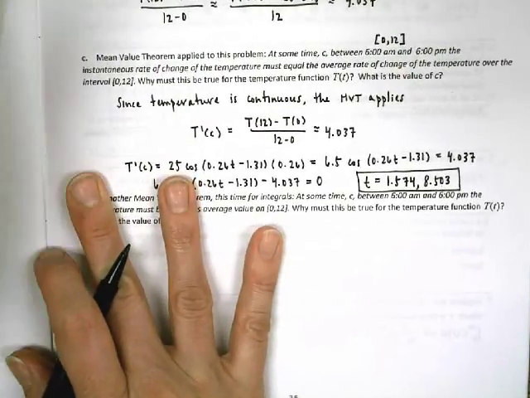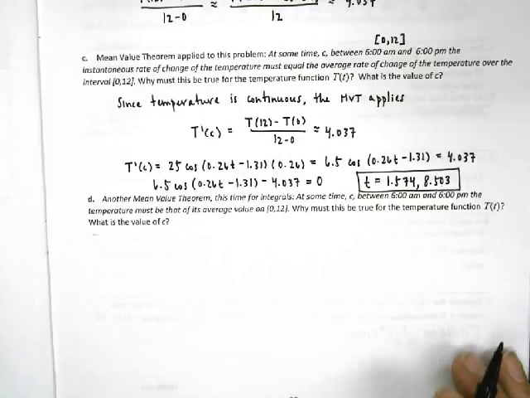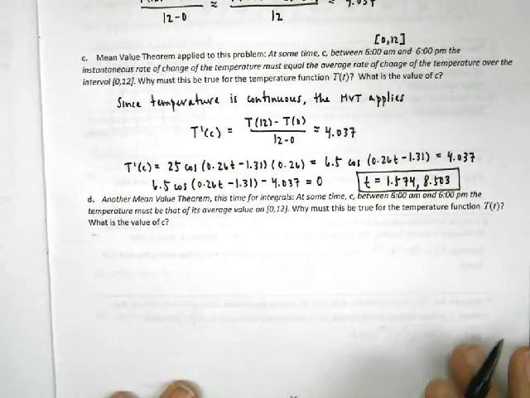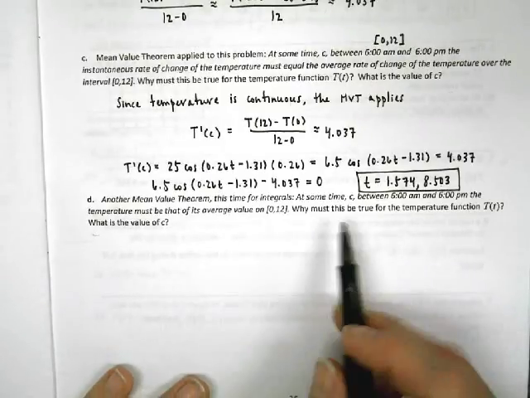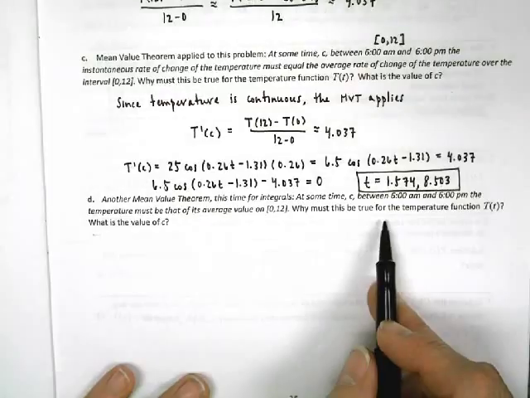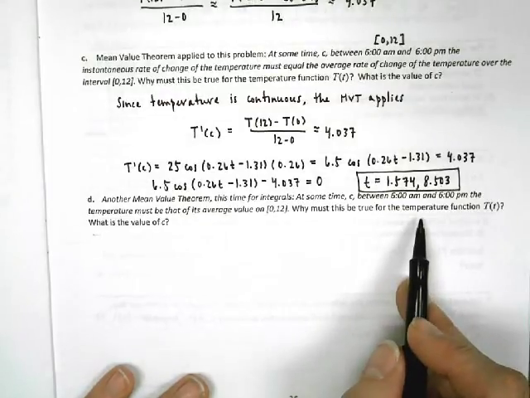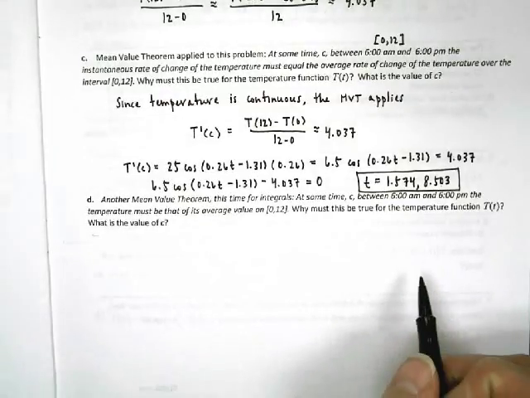All right, so now part D, this is where I was a little bit ahead of myself. Now we're going to do mean value theorem for integrals. This is when we know that the function has to take on its average value. Now, again, we know that the mean value theorem applies because temperature is a continuous function.